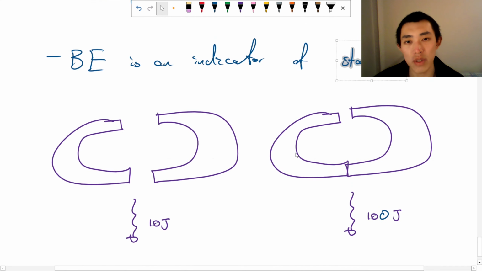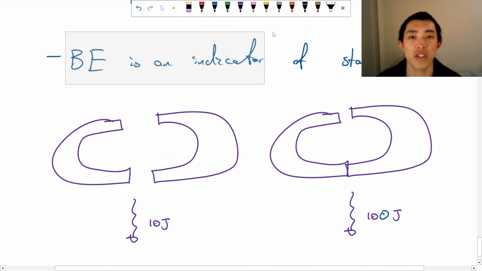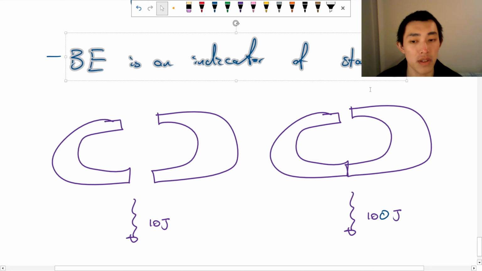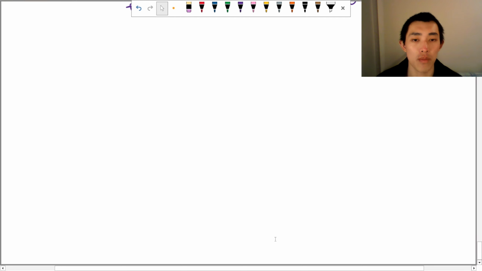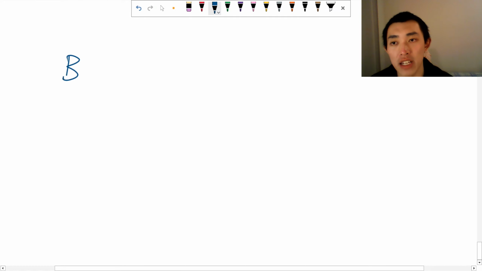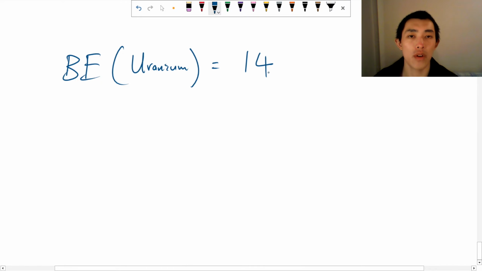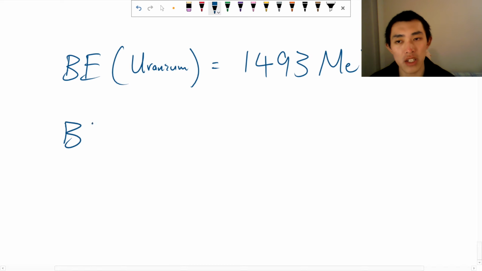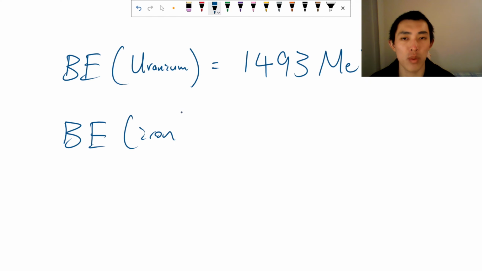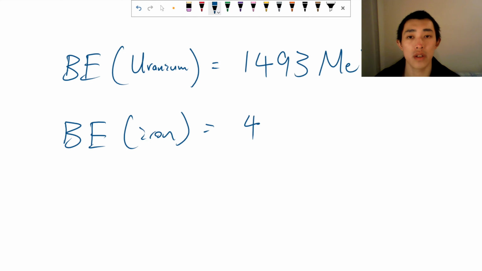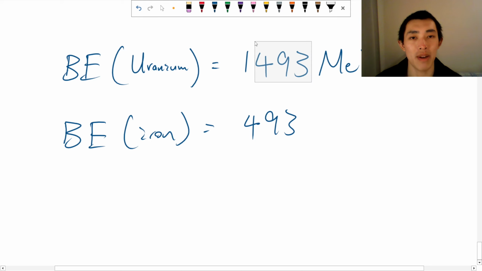Now, there is a problem with just using binding energy as an indicator of stability. For example, the binding energy of uranium, which is a radioactive and unstable element, is, oh, I completely messed this up. Sorry. The binding energy of uranium is 1809 mega electron volts, whereas the binding energy of iron, and iron is very stable, I've never seen radioactive iron before, is only 493.